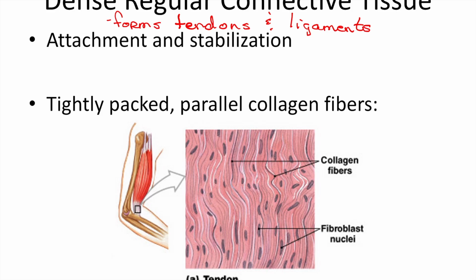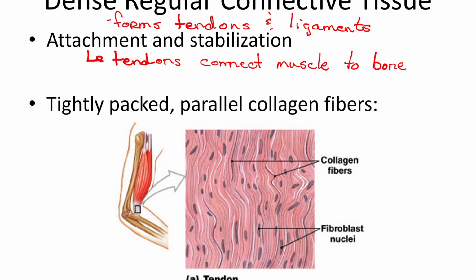So in terms of attachment, tendons connect muscle to bone, and ligaments connect bone to bone.